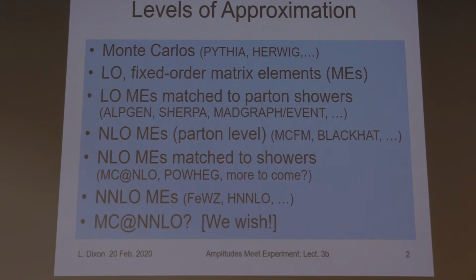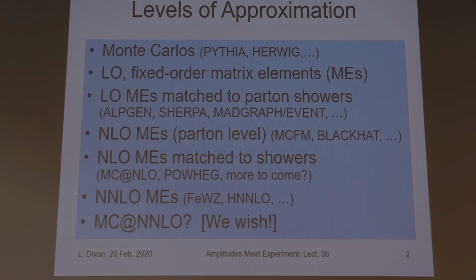Usually when a new process is calculated at next to leading order, it's first done at the parton level, like leading order. But for many purposes, that's not as useful to the experimentalists. So then there's a procedure of matching the next to leading order results to showers. It's trickier than leading order, but it's also becoming pretty standard by now.